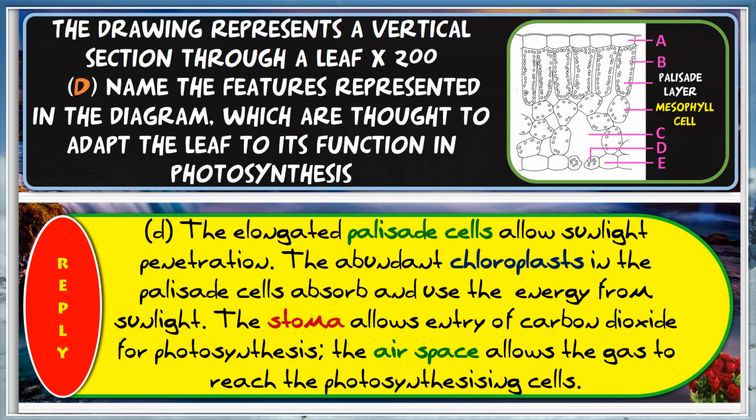The abundant chloroplasts in the palisade cells absorb and use the energy from the sunlight. The stoma allows entry of carbon dioxide for photosynthesis. The air space allows the gas to reach the photosynthesizing cells.